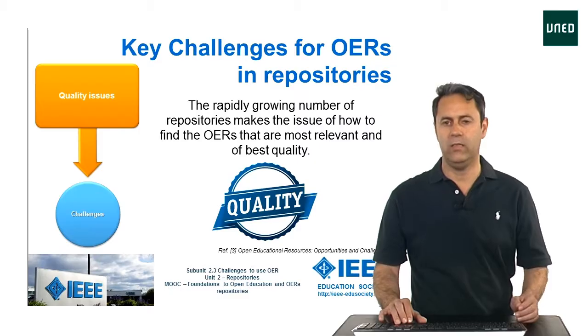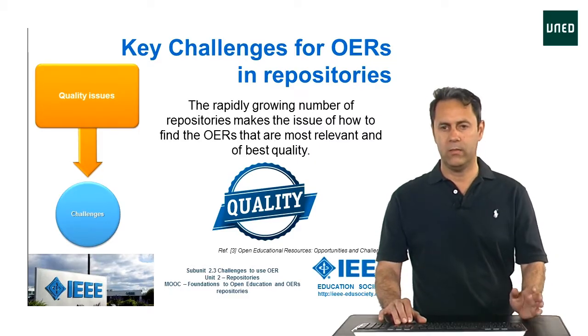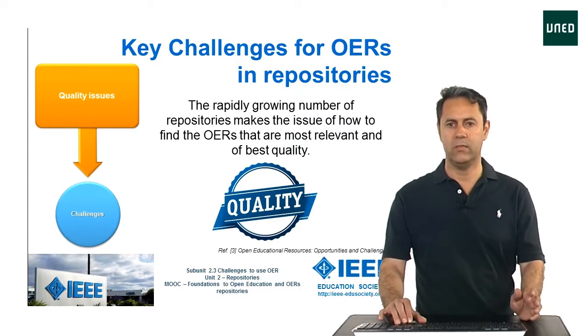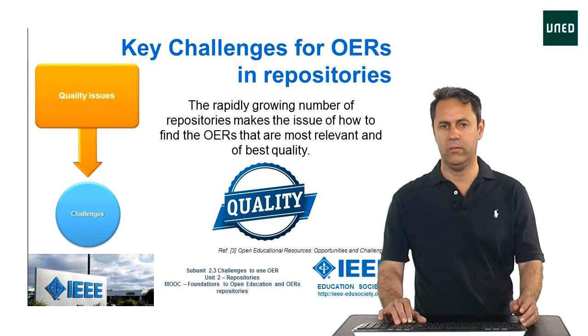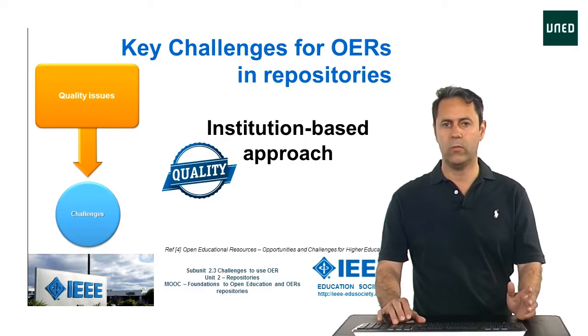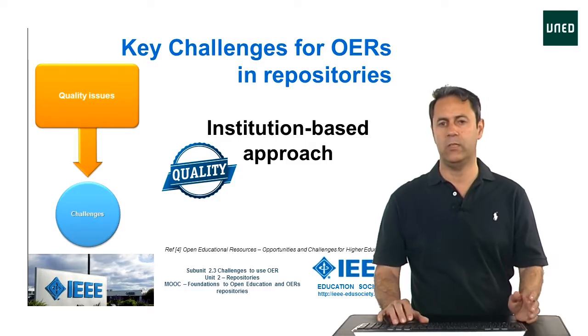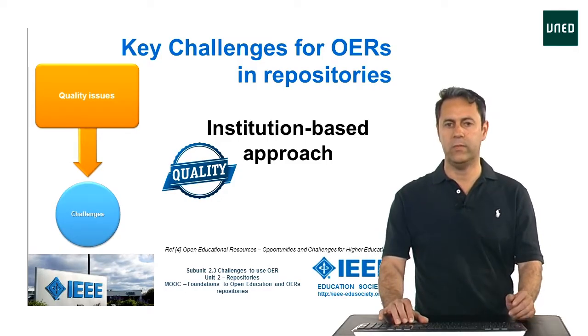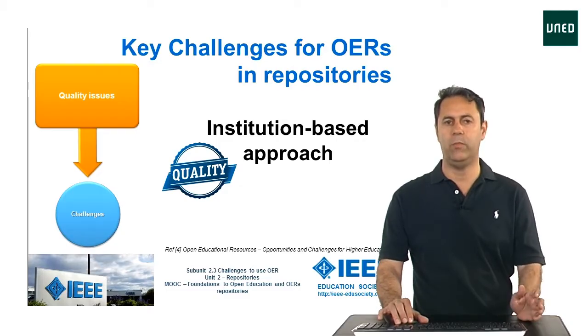Next, quality issues. From our point of view, this is the second most important challenge for open educational resources, the quality. How can we say which of them are of more quality? So we can present different approaches for quality assessment. The first one, institution-based approach.